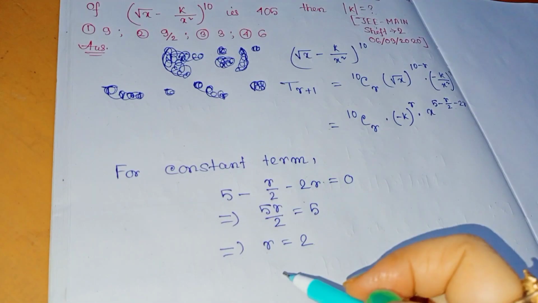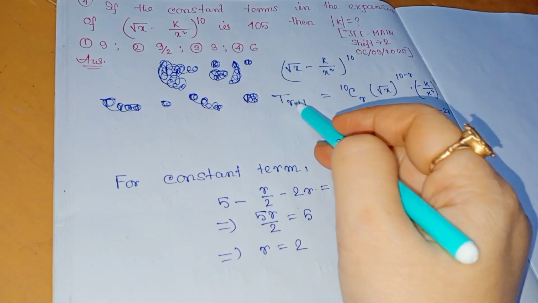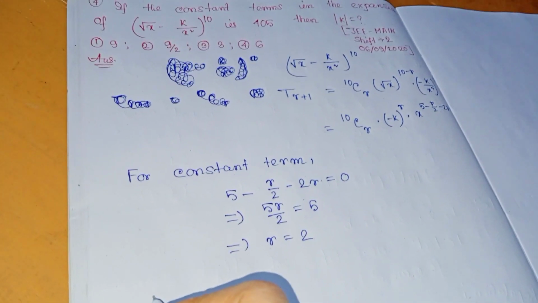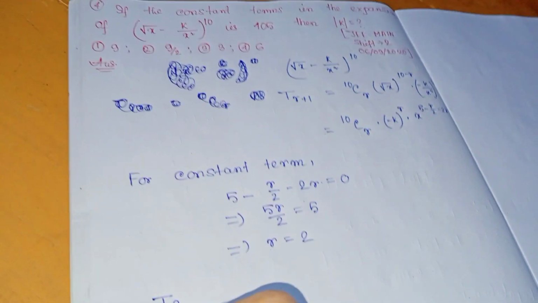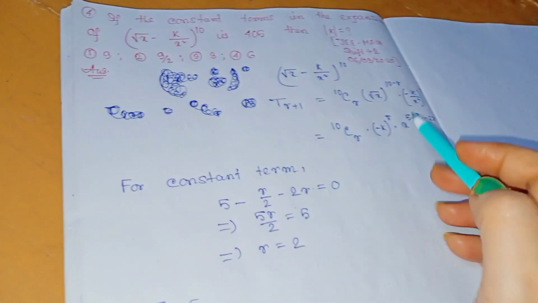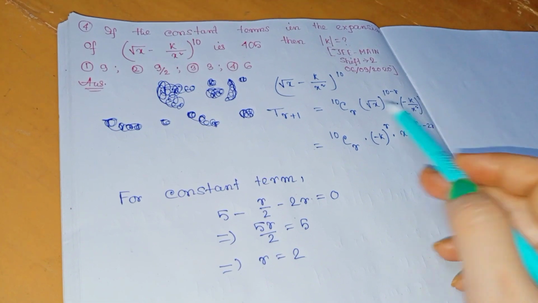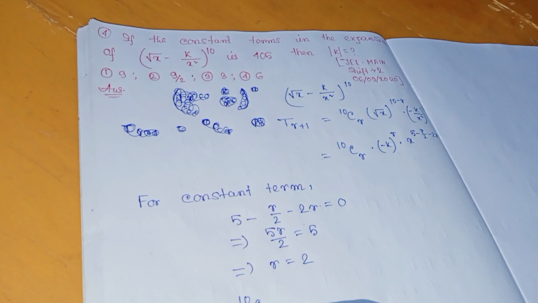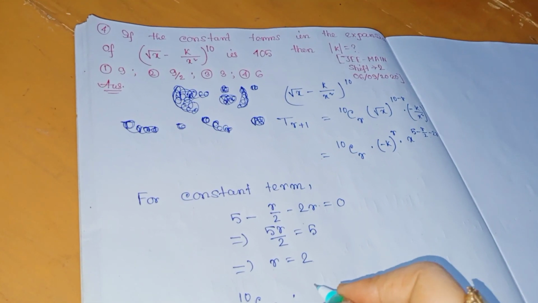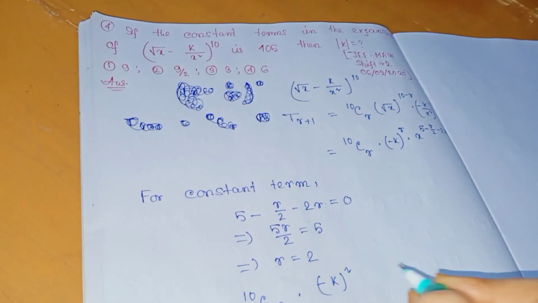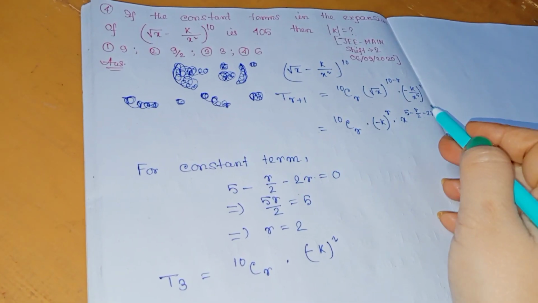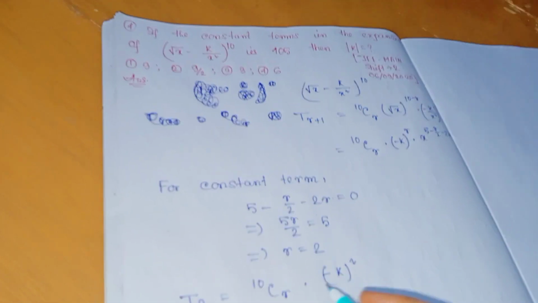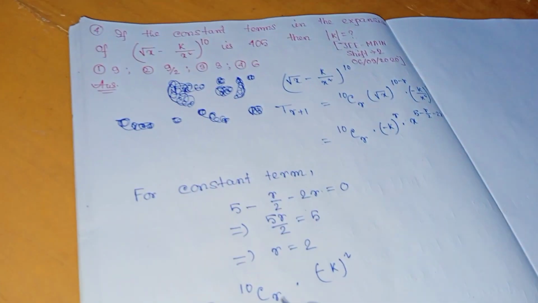Therefore T(r+1), that is T3, is our constant term. So T3 is equal to 10Cr into (minus k) whole square, and the x part is obviously 1. This is equal to 405.